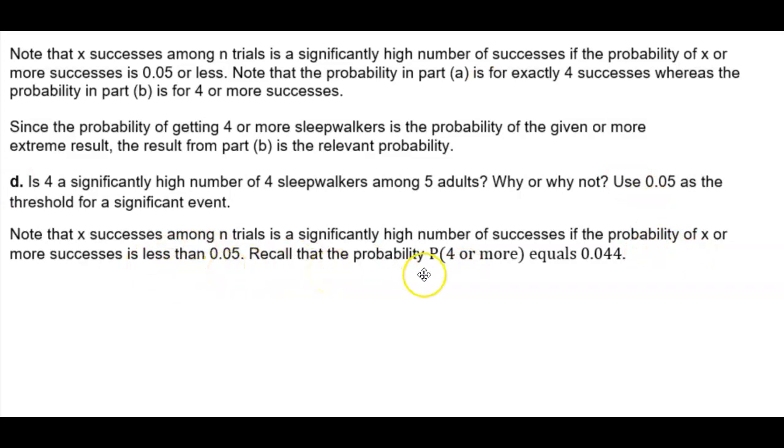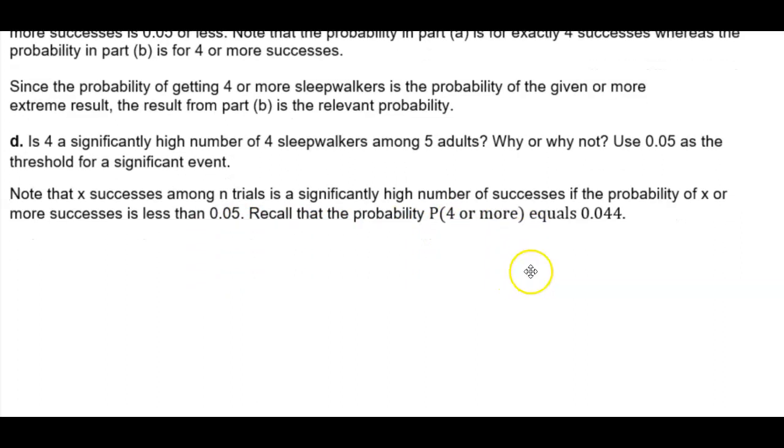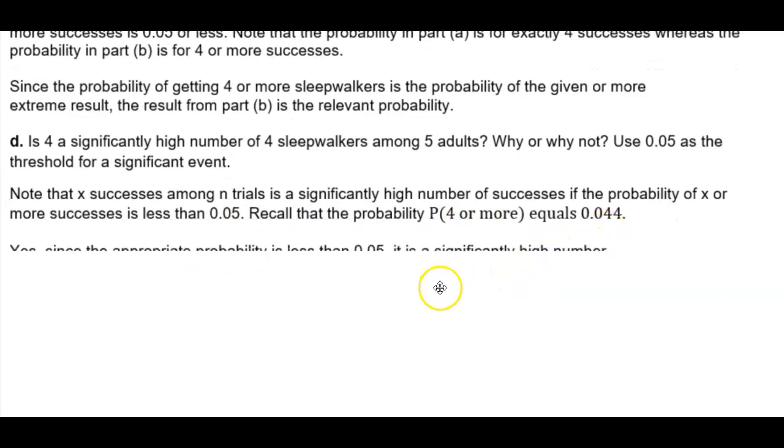Recall that the probability of 4 or more equals 0.044. We can see that 0.044 is less than 0.05, so we would say yes, since the appropriate probability of 0.044 is less than 0.05, it is a significantly high number.